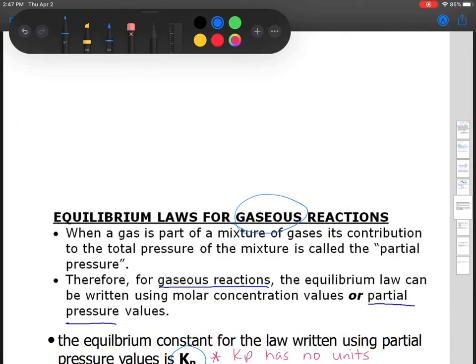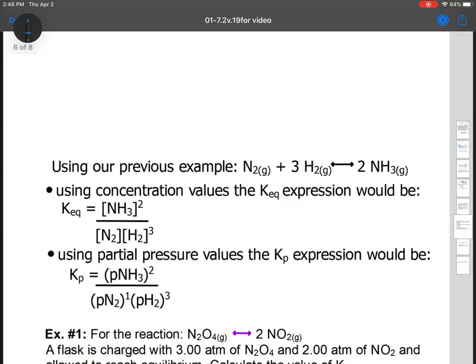Okay. So that's good. And it's the same principles. You're going to do products over reactants. The coefficients are the exponents. Like I said, those little things are important fundamentals for every kind of equilibrium law we do. A law usually applies to a lot of things and it's definite, right? So that's why we're going to use that. If we look at the same example we just did, all of them are gases. Then we wrote the equilibrium expression using concentrations.